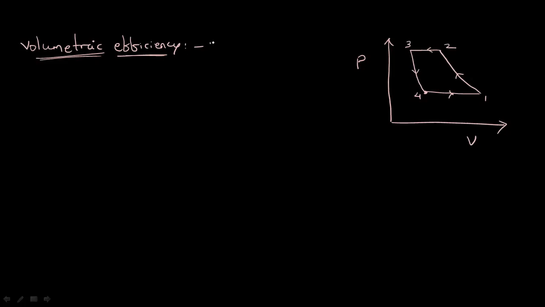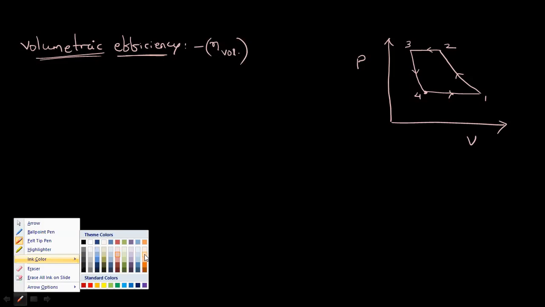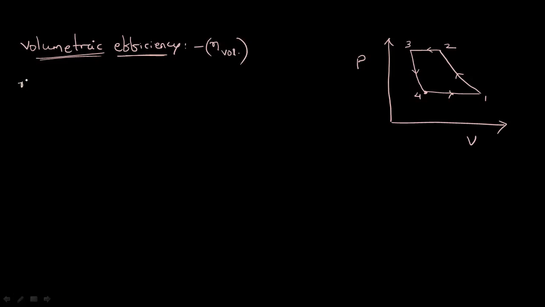So volumetric efficiency is indicated as eta. The formula of volumetric efficiency we got is actual volume of air entered divided by swept volume. What is the actual volume?